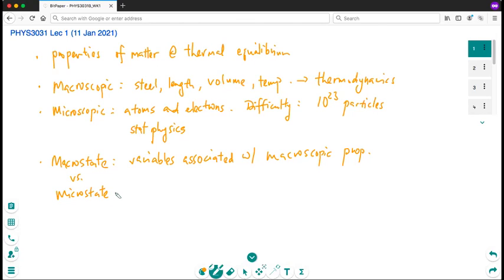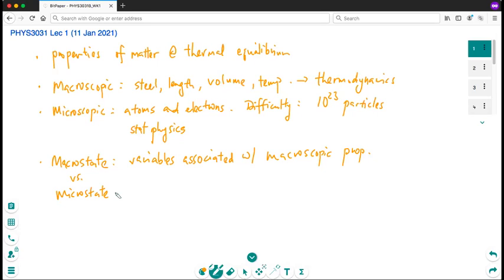So for example, you learn the kinetic theory of gases. If you take a sample of gas, you have a lot of gas particles. If you really want to describe this volume of gas, you need to specify a lot of parameters.